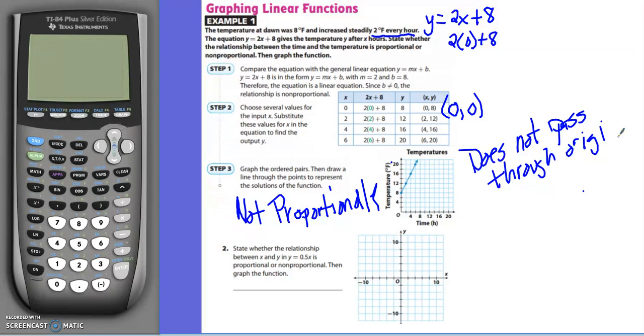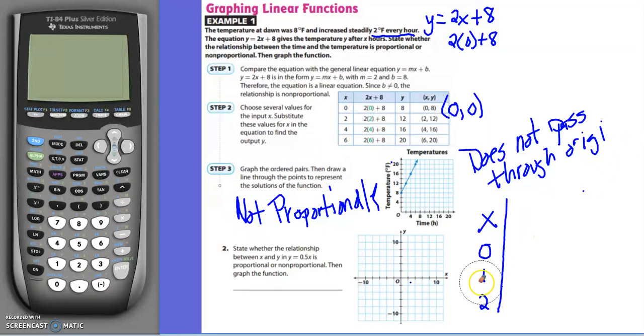Okay, example 2. State whether the relationship between x and y equals 5/10 x is proportional or non-proportional, then graph the function. So if we do a process column, we can do like we had in the example before. Actually it's going by 2, so let's go by 2s also.